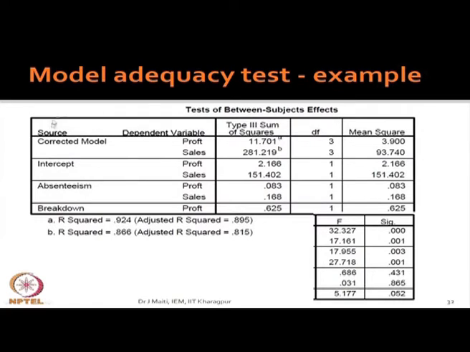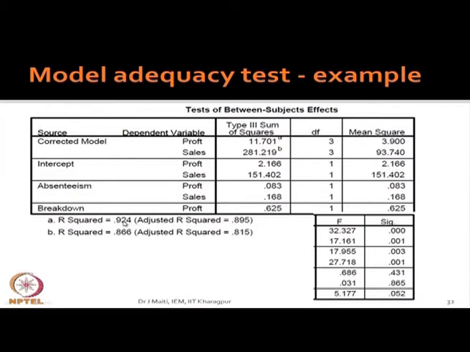So, this is the total sum of squares under profit and under sales, and you see R square, like univariate R square, that multiple regression R square.